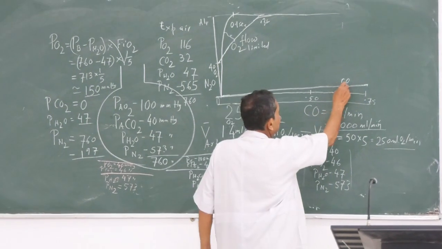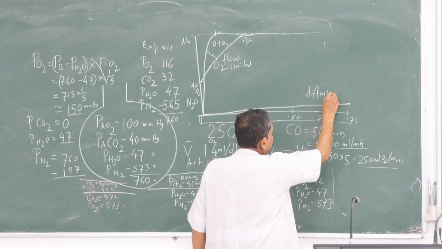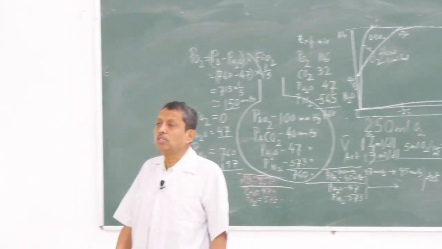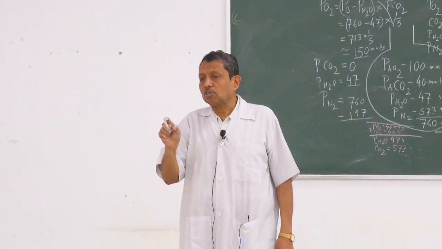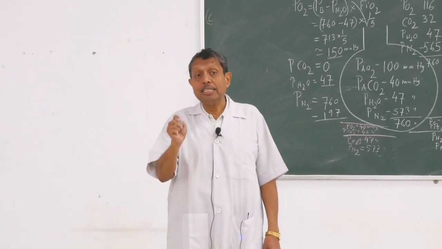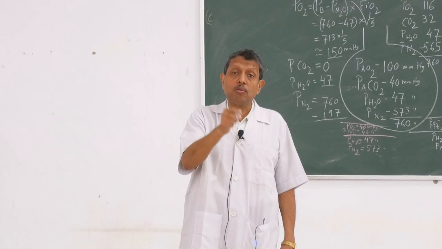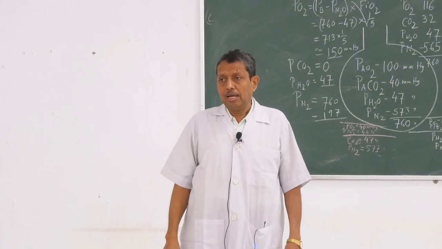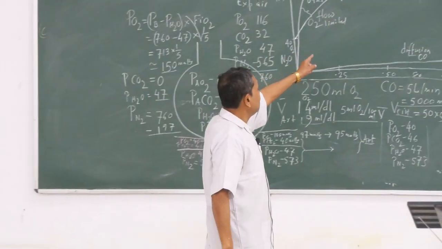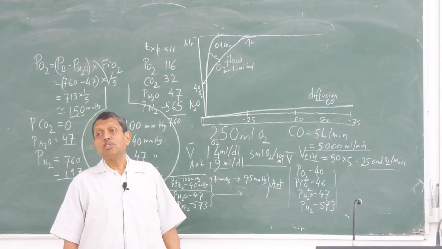So carbon monoxide uptake is diffusion limited, because within the short time, the carbon monoxide strongly binds with hemoglobin. So its presence in the dissolved state, and the partial pressure attributed to that dissolved state, is very low. So it will fail to attain the alveolar value. So it is diffusion limited.